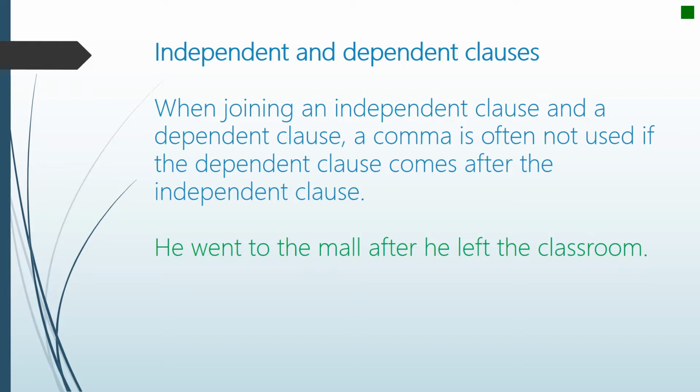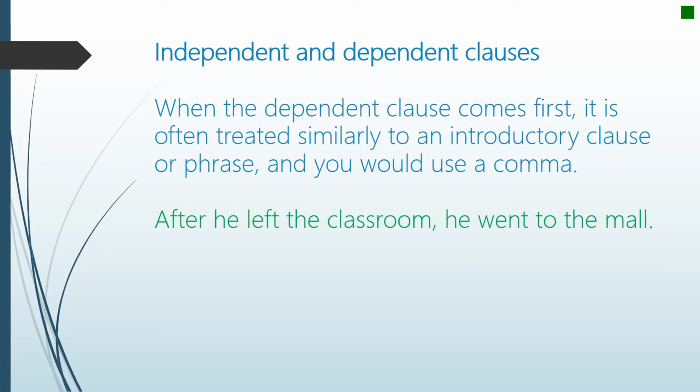So we don't require a comma here. When the dependent clause comes first, it is often treated similarly to an introductory clause or phrase, and you would use a comma. After he left the classroom, comma, he went to the mall.